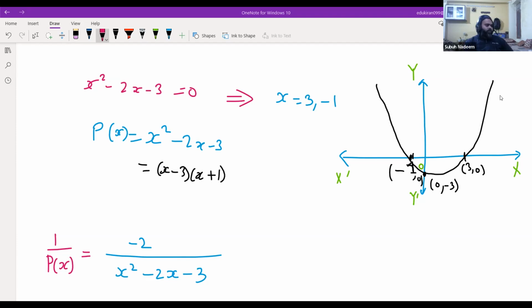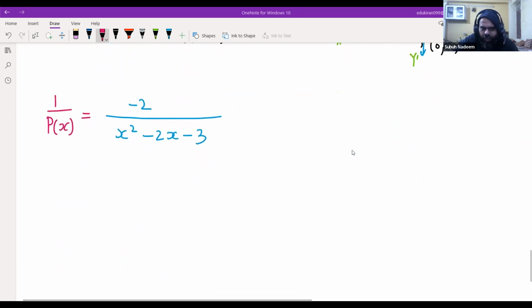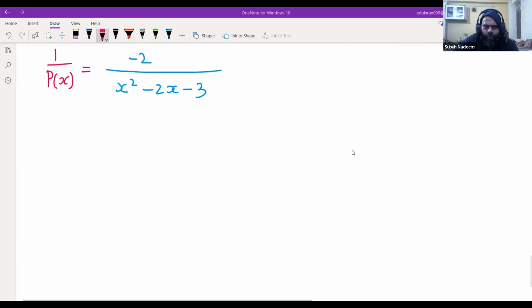So won't this turn into x square minus 2x minus 3 by 2 if it's the reciprocal? x square minus 2x minus 3 by minus 2, because it's the reciprocal. Yes, yes. And then we'll solve, right? Yeah, you can do that way also.